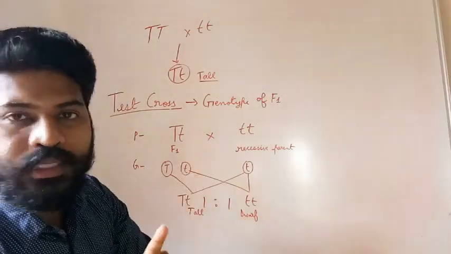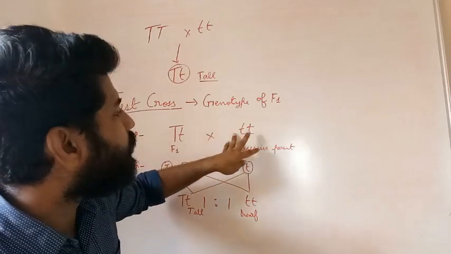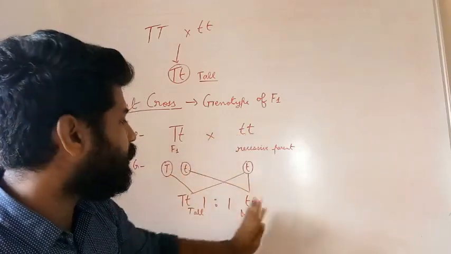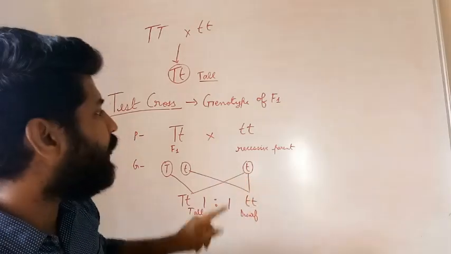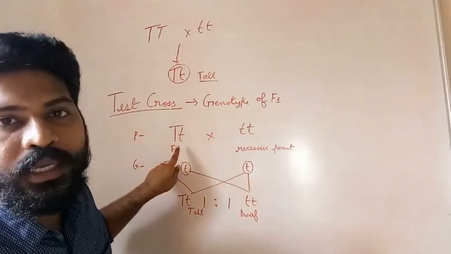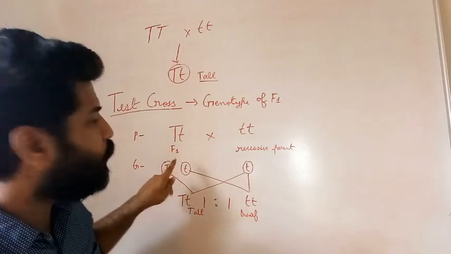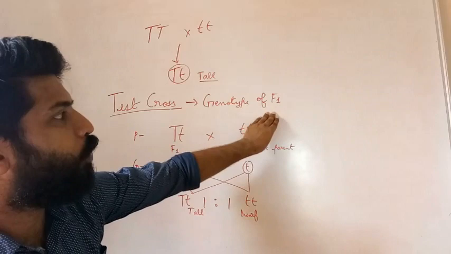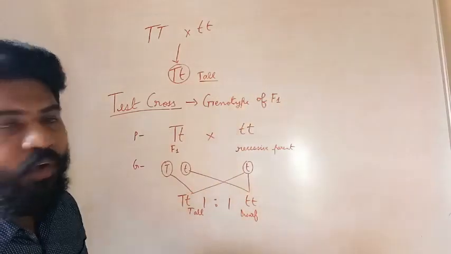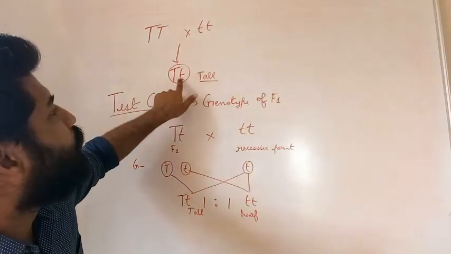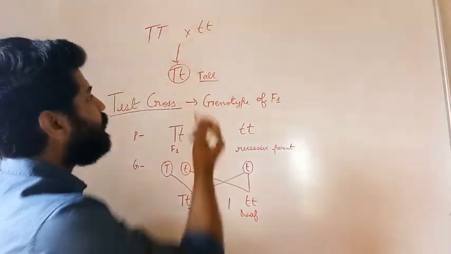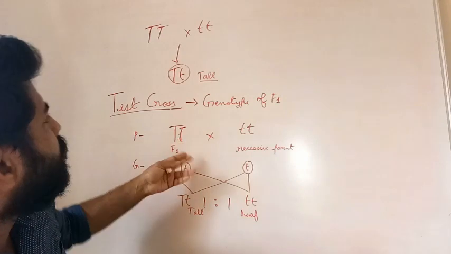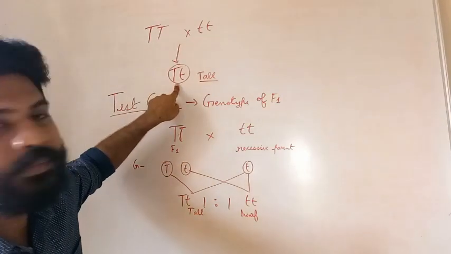If after crossing an F1 plant with the recessive parent, you get 50% tall and 50% dwarf plants, we can say that the F1 is a heterozygous plant. So a test cross is done to check the genotype of the F1 plant. Of course, if the F1 is homozygous, capital T capital T, that is both are dominant, what result will you get? You will get again the same result, all tall.